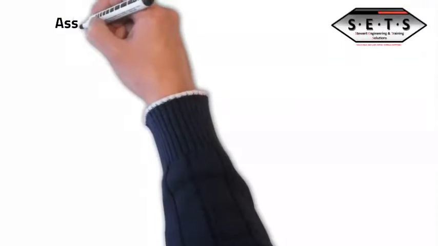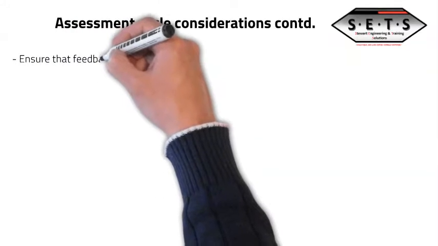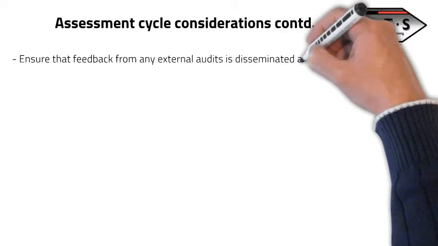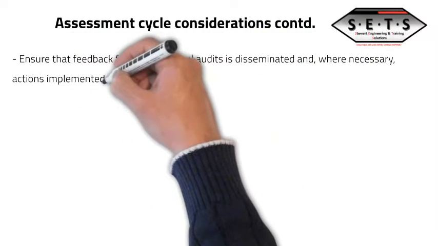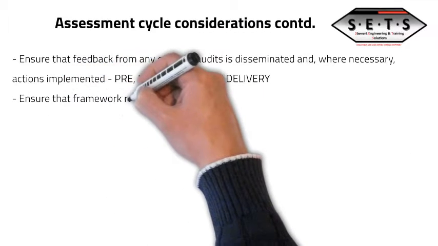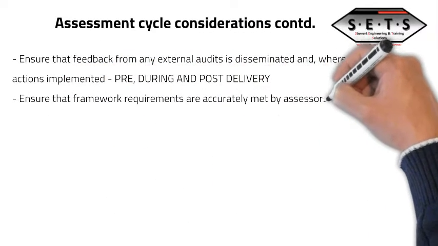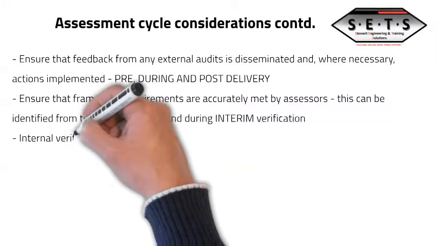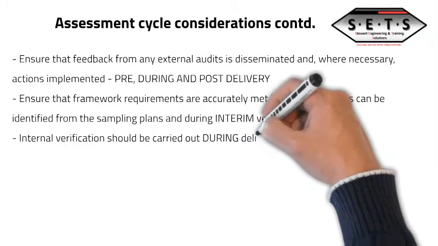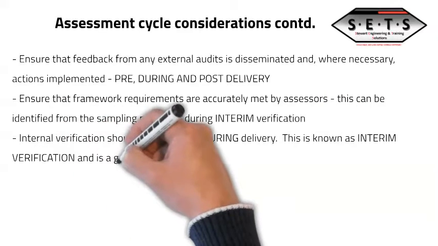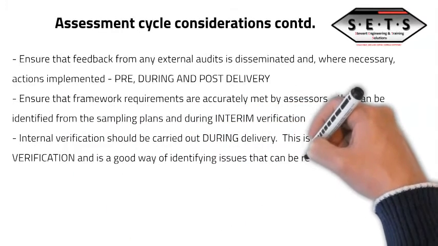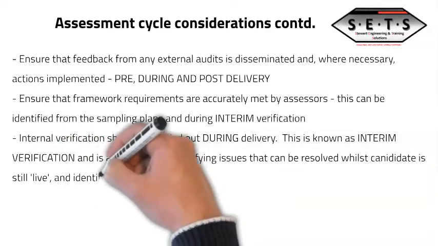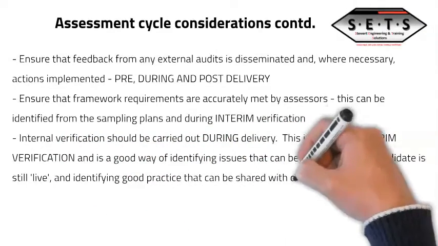The internal verifier needs to ensure that feedback from any external audits is disseminated and, where necessary, that actions are implemented. This is carried out pre, during and post-delivery. They need to ensure that framework requirements are accurately met by assessors. This can be identified from the sampling plans and during interim verification. Internal verification should be carried out during delivery.